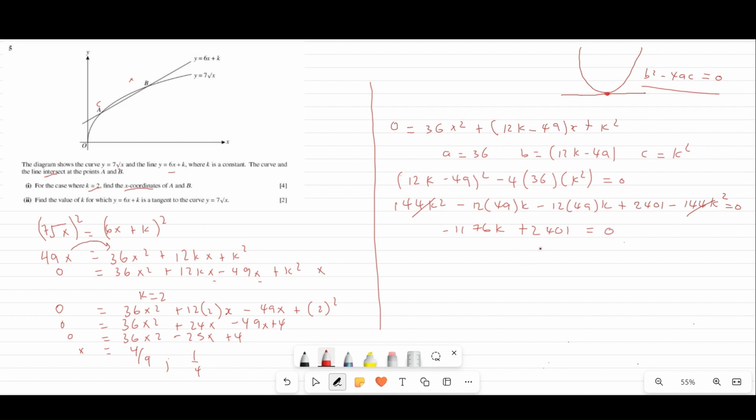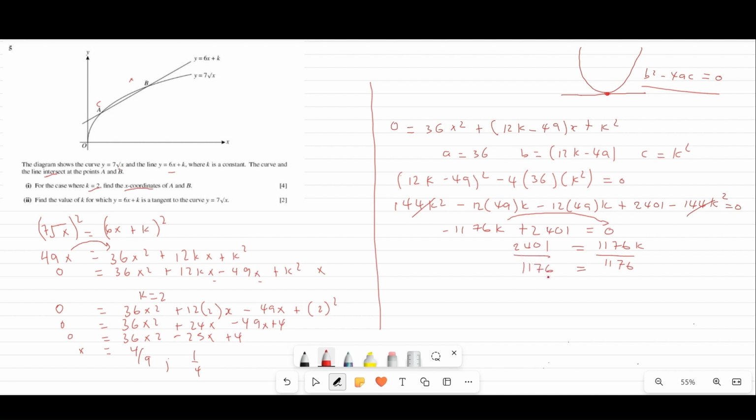Now we have our work cut out for us here. I'm going to take this over to the right hand side so that we have it as positive, so 1176k is equal to 2401. We can now find the value of k by dividing both sides by 1176.